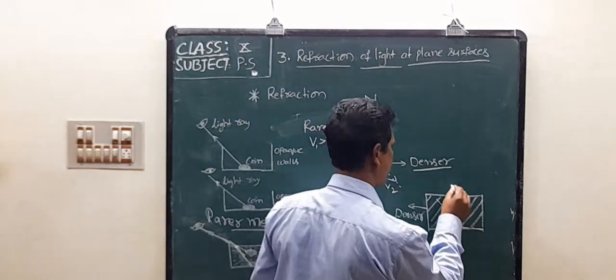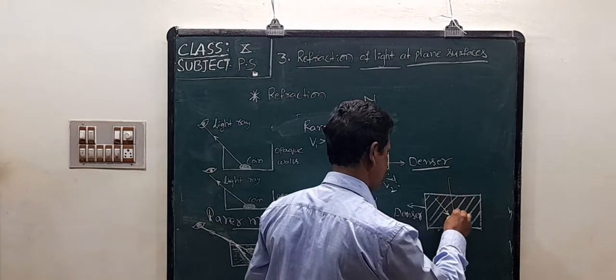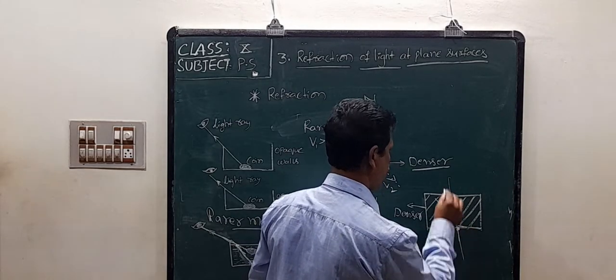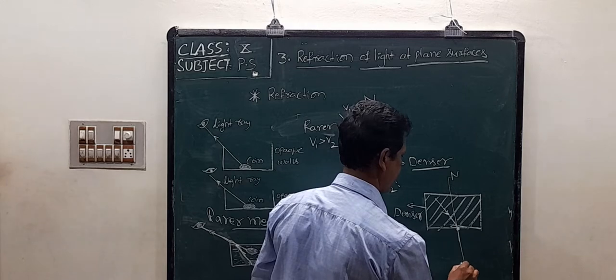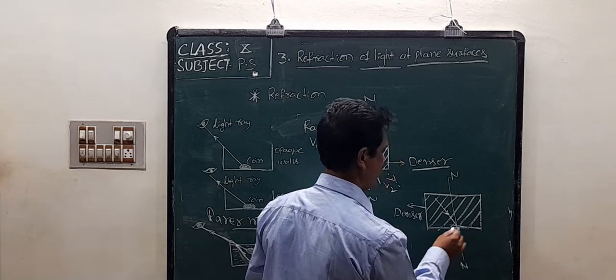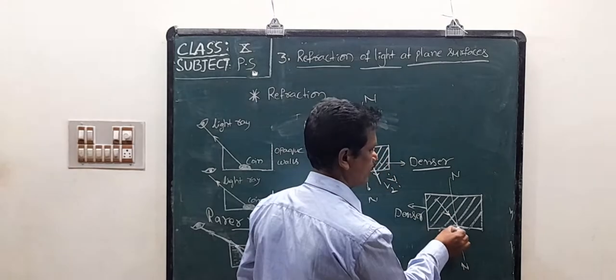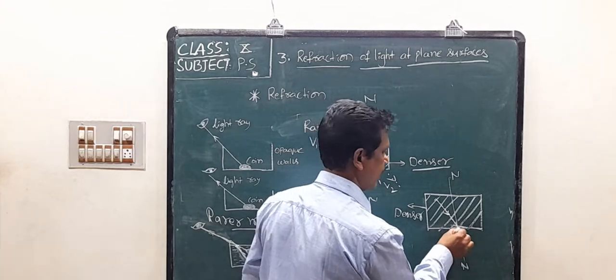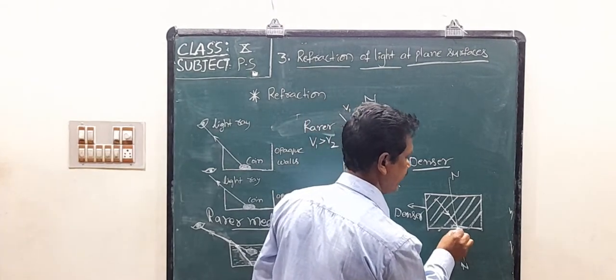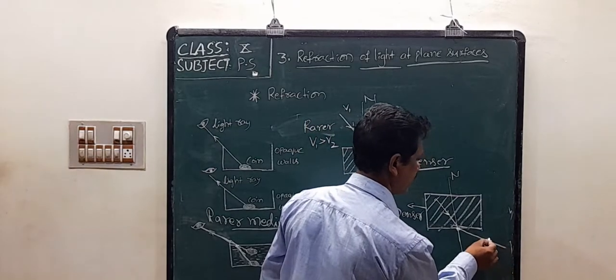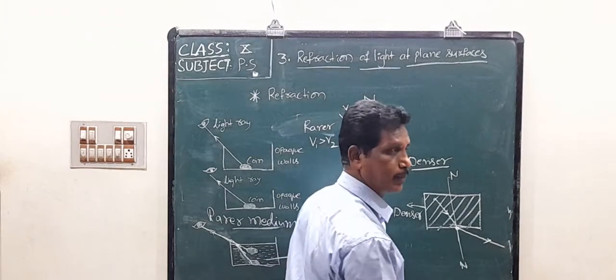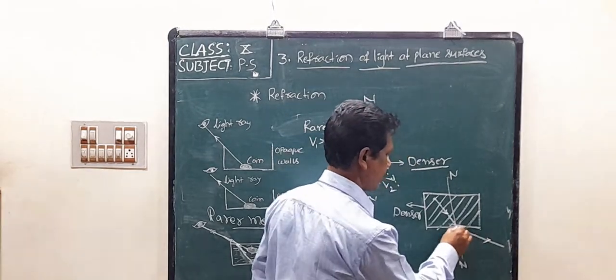So draw one normal, NN, on the base. This light ray incident on this point changes its direction like this; it bends away from the normal.